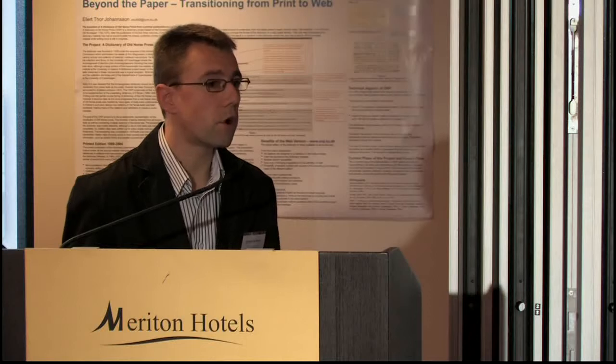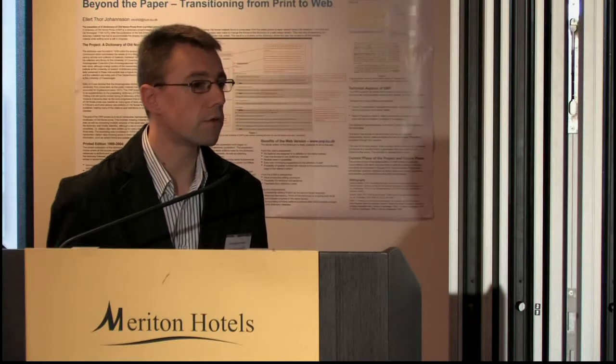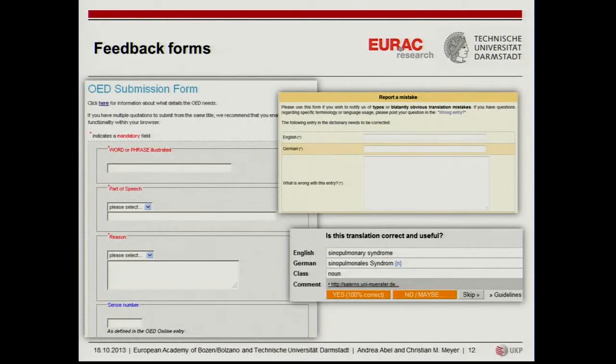So these forms can range from very simple forms, providing only 2 or 3 fields that you can fill in, like shown on the right, or a very complicated form with several types of fields where you can select different types of information, such as for the OED submission form that I have on the left.